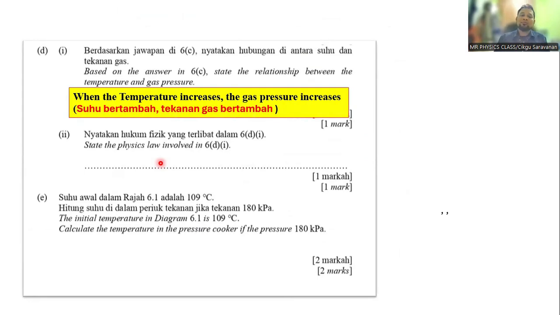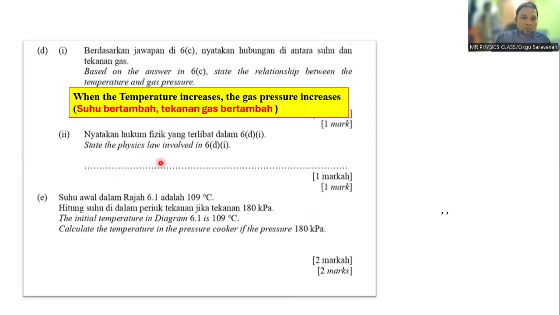If your answer is the gas pressure is directly proportional to the temperature, jawapannya salah. Kenapa salah? Okay, jawapan ini hanya boleh guna apabila grafnya, I mean the diagram yang dia bagi itu adalah graf. Sebab ayat direct or inverse, berkadaran terus, berkadaran songsang, kamu hanya boleh pakai bila soalan itu merujuk pada graf. Kalau tak ada, tolong jangan pakai. Kalau pakai pun salah.